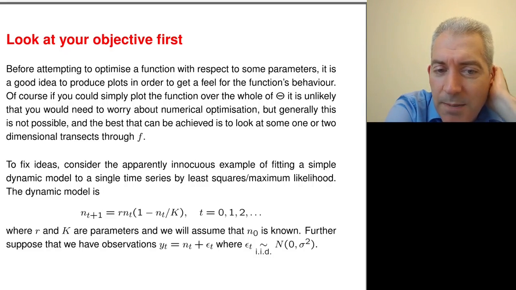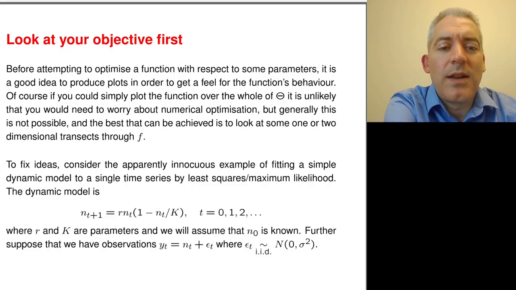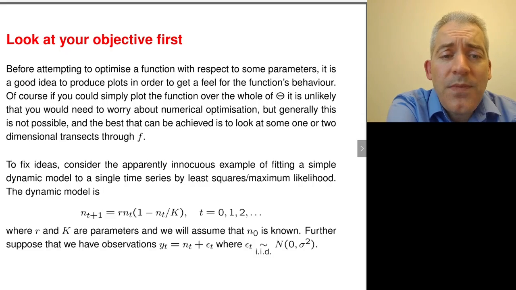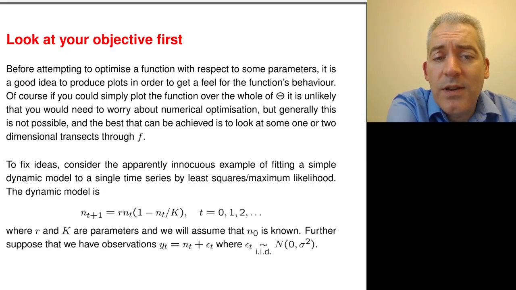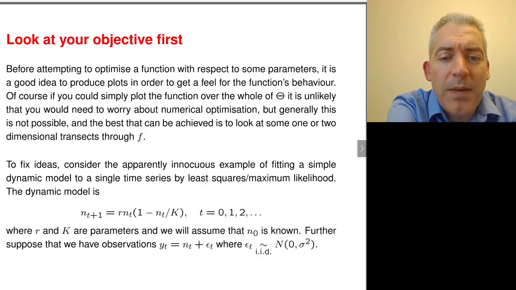We've got a little dynamical model here. For those of you who know about such things, it's just the logistic map, but it gives us a way of computing n_{t+1} from n_t. So that defines, together with an initial condition, the time evolution of this system. Because there is a quadratic term in it, it's nonlinear and it has some interesting behavior.